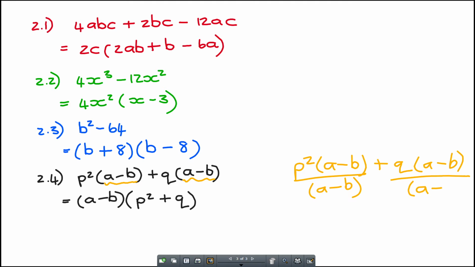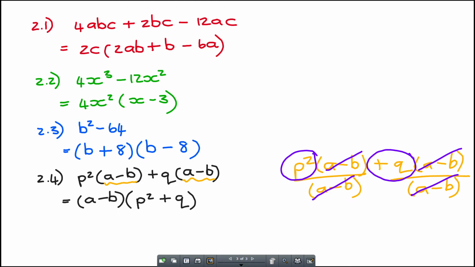Do you remember that? Okay, which means that this will cancel out with that. So what's left? P squared. That's where I get this one from. Okay. Then at the second term, the brackets will cancel out. So what's left? Plus Q. Okay. Anyone else? You guys okay?